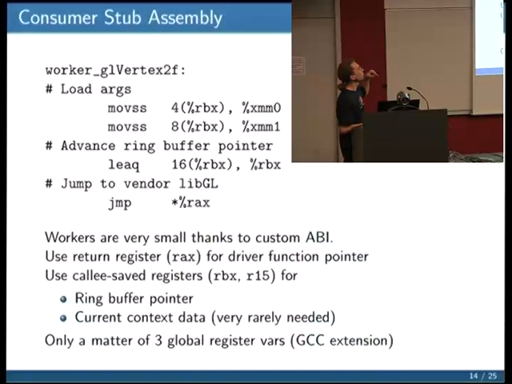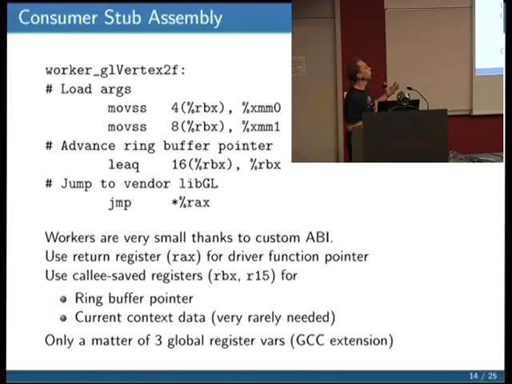So the register that is usually used for the return value is used to point into the vendor libgl, and it is loaded at the same time as the address of the worker is decided. So the cost is a bit lower, and 2 registers to the ring buffer and the current data structure. And that is why advancing the ring buffer is just a register addition, nothing else.